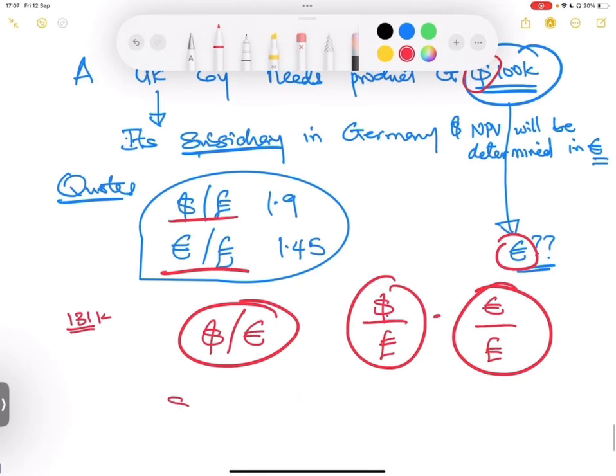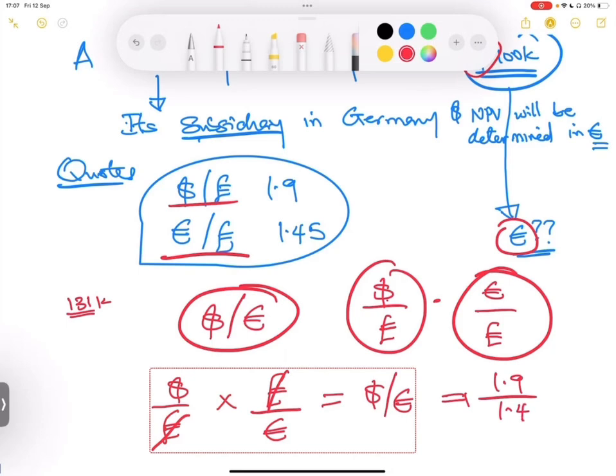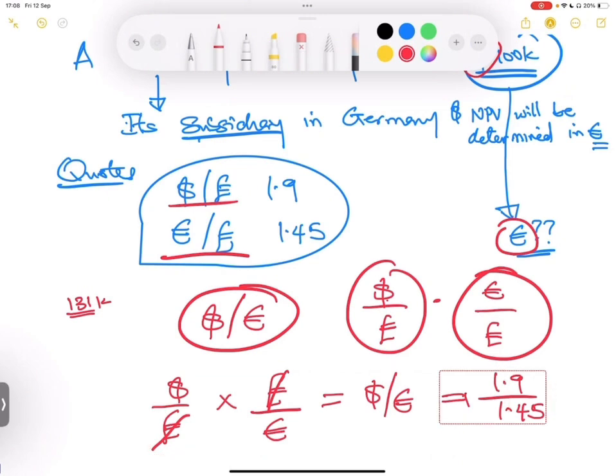So if we do dollar over euro divided by this, it will be pounds over euro. So this will cancel out, and we're going to have a dollar euro cross rate. That will mean we are doing 1.9 divided by 1.45. And if you divide 1.9 over 1.45, what do you have?